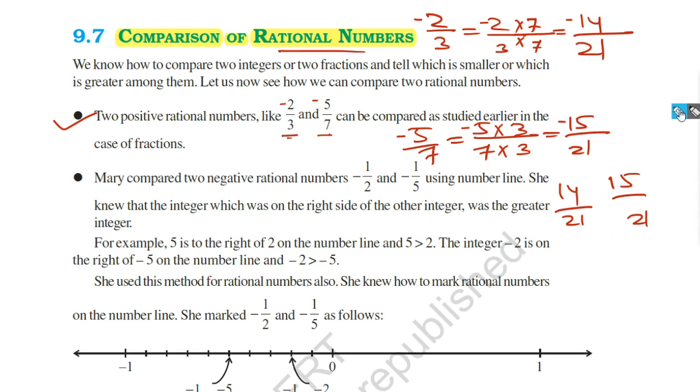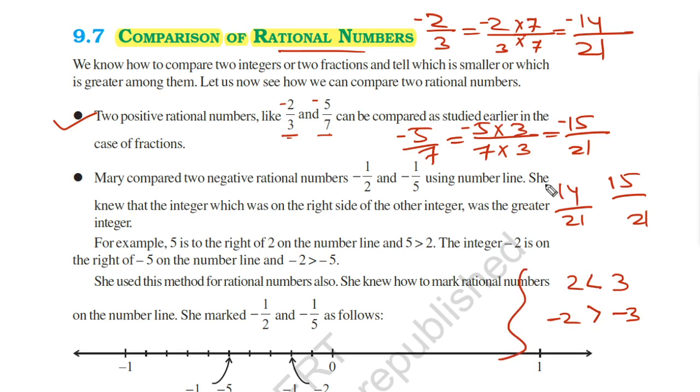First we will try with numbers. Suppose 2 and 3 are there. You know that 2 is smaller than 3, but when there is minus 2 and minus 3, who is smaller? Minus 2 is greater than minus 3. So you can write minus 2 is greater than minus 3. When the sign changes, the small number becomes the large number here.